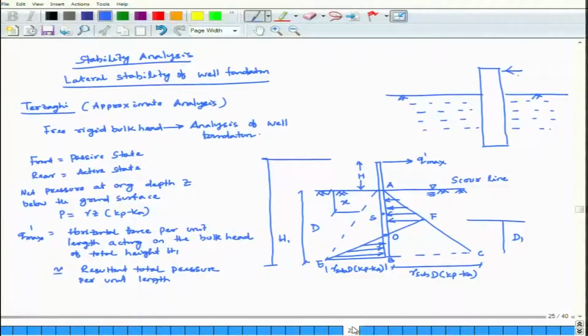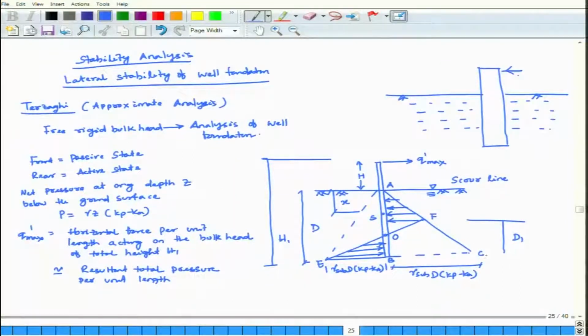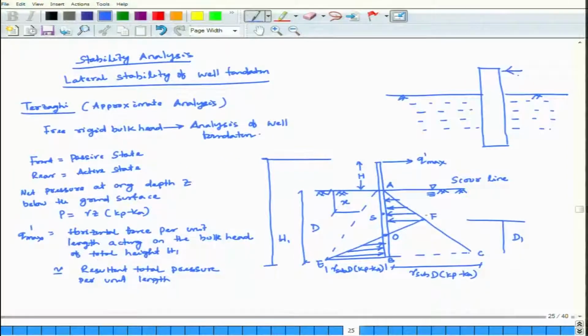So, total depth below your scour level, this is your d and this is your d1. Now, if I take summation of forces, Q maximum is equal to what? The force coming here minus this force coming in this area: area ABC minus area FEC.